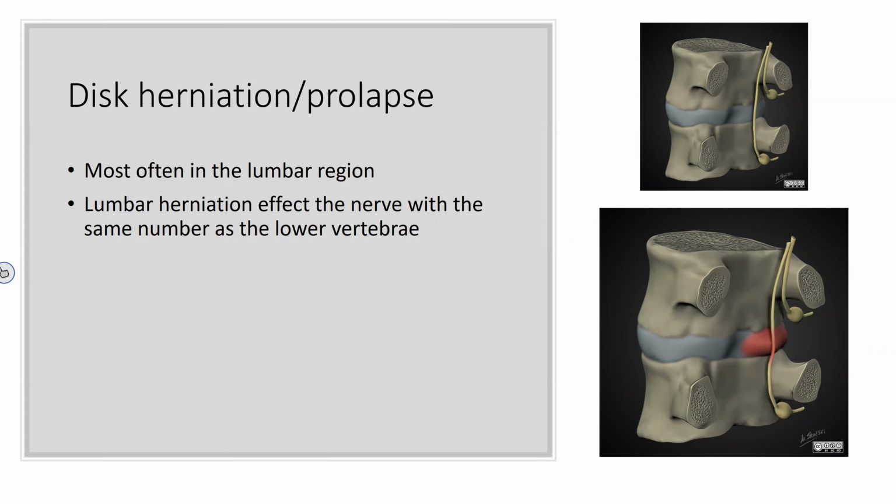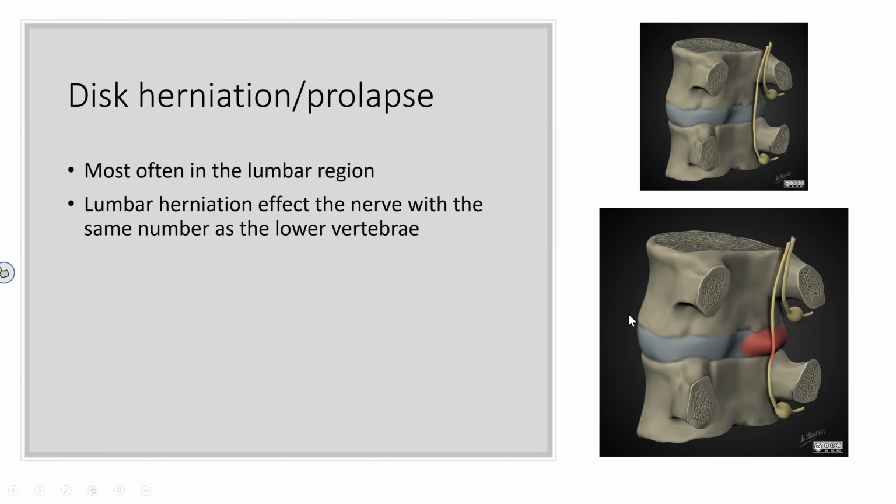And disc herniation and prolapse, that's more often in the lumbar region. And this shows how that can affect the nerves that exit from the intervertebral foramen.